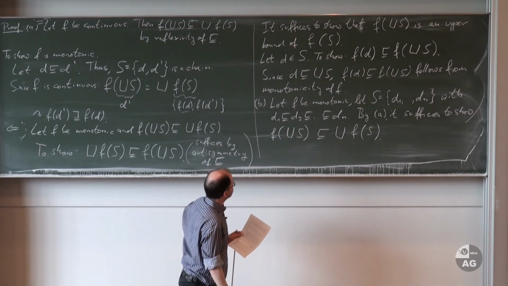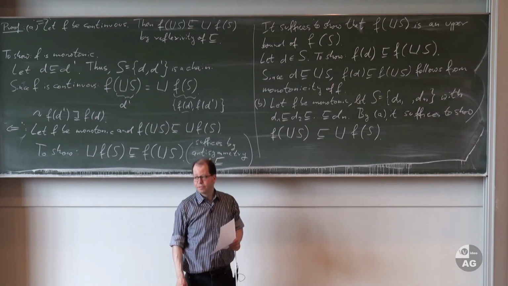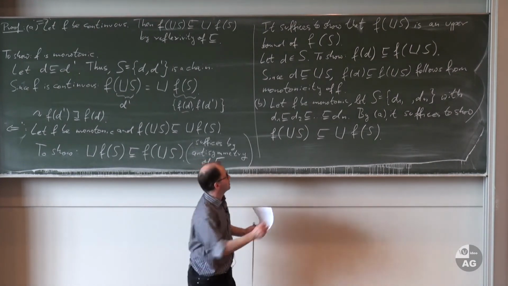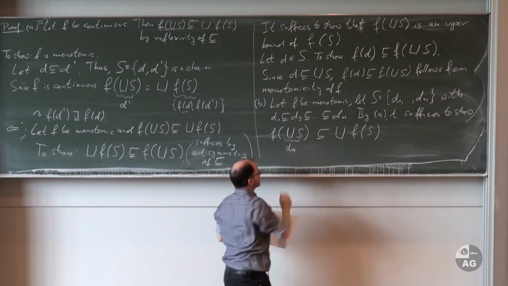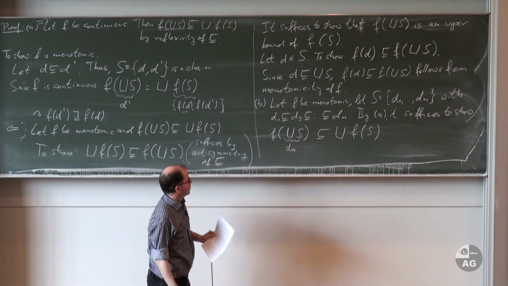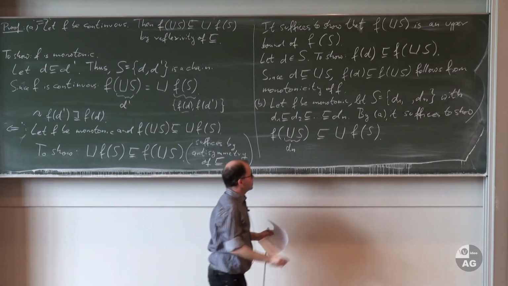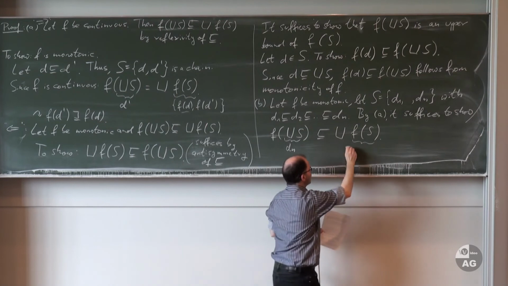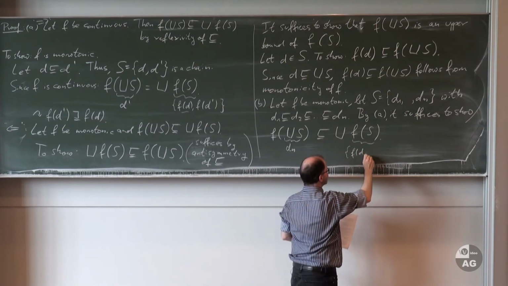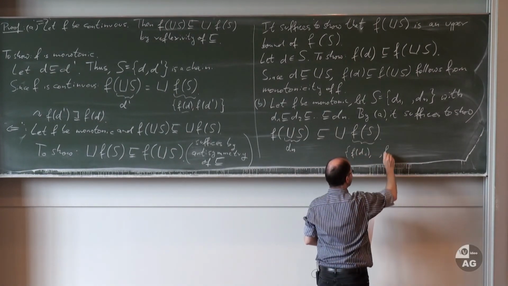So what's the least upper bound of this chain? Well, it's a finite chain, so the least upper bound is clearly Dn. And here we apply F to every element in S. So this is F of D1, F of D2, and F of Dn.